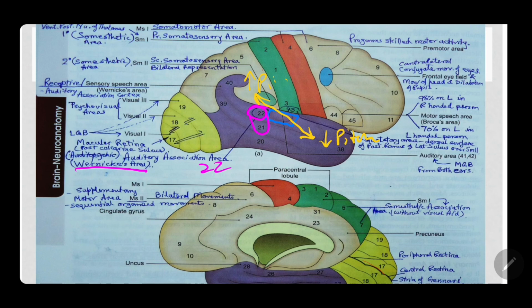So in the 19th century, both these great scientists were there, Broca in the early 19th century and Wernicke in the late 19th century. And Brodmann later on, in 1912, that is the early 20th century, classified the different areas of the brain into this functional classification. So by that time Broca and Wernicke were not there.